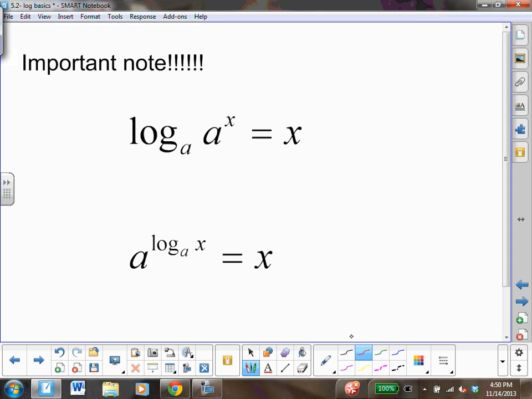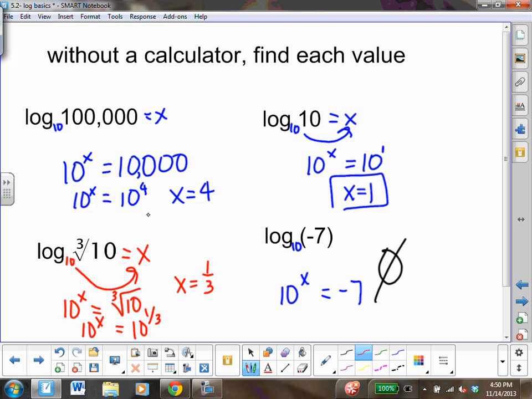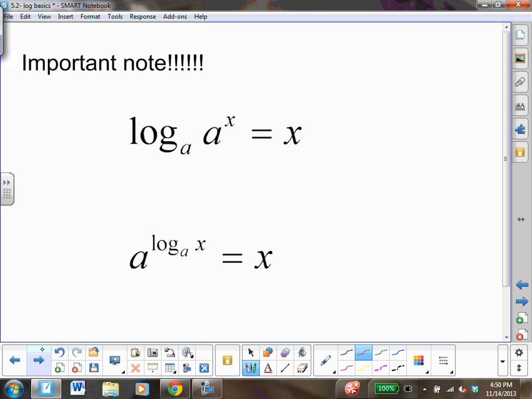Another important property to note, which we kind of already discovered back here, is that if the base of the log and the base of the exponent are the same, when you evaluate the logarithm, you're just left with the exponent. The same thing if you have an exponent raised to a logarithmic power.